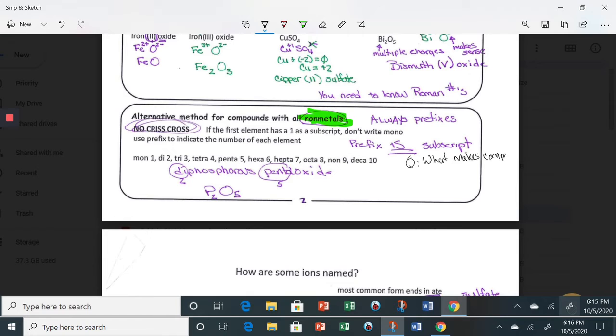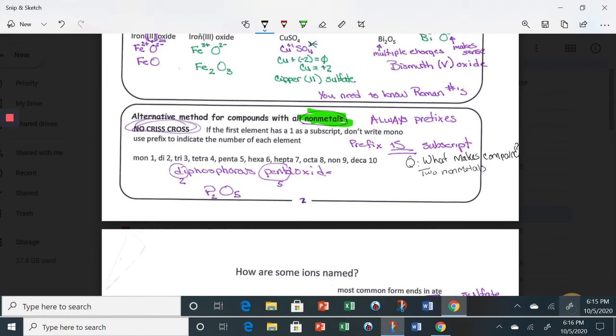And this is where you need to know your periodic table, what is a metal and what is a nonmetal. If the answer is two nonmetals, you can use prefixes.